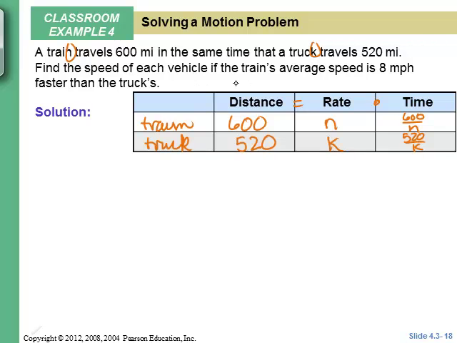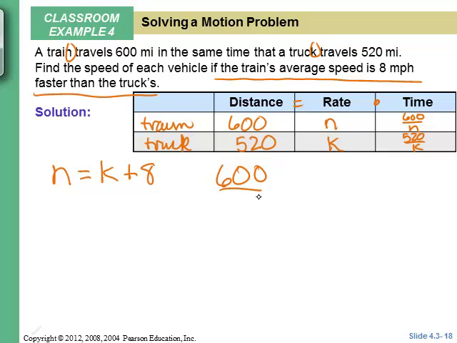And then it says the train's average speed is 8 faster than the truck. N equals K plus 8. So let's write our formula. 600 over N is 520 over K, right? The two times are the same. These two are equal.